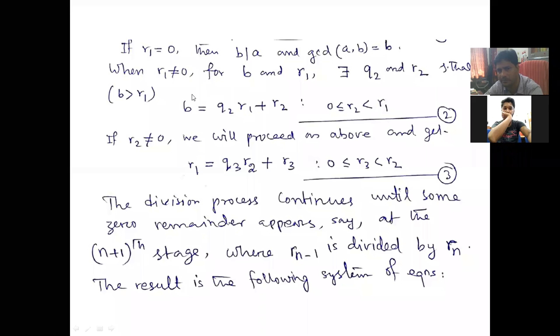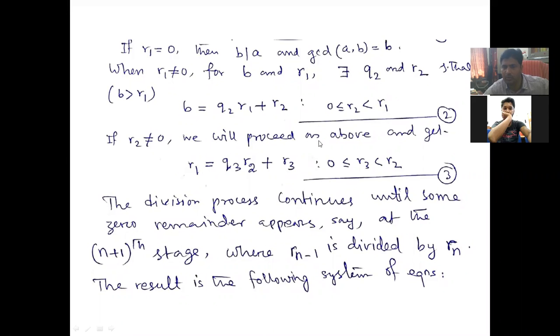Now again, if R2 is not 0, we will proceed as above and we get R1 equal to Q3 R2 plus R3. We are here using the division algorithm between R1 and R2, and R1 is strictly greater than R2. So R1 equal to Q3 R2 plus R3, 0 less than or equal to R3 strictly less than R2.